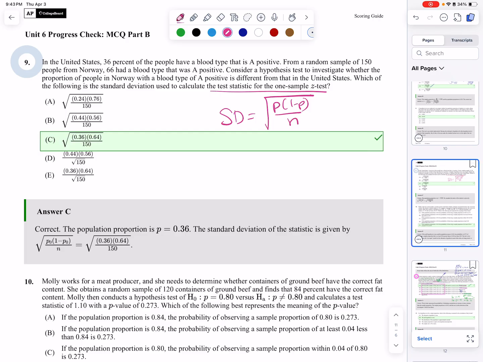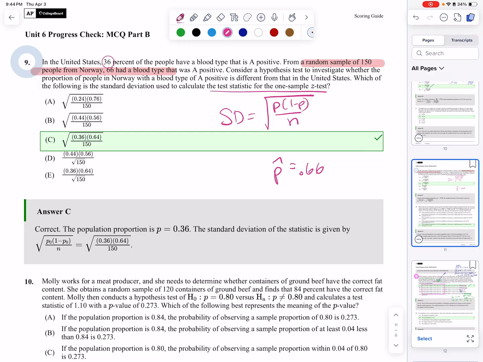It says in the United States, 36% of the people have blood type A, and from a random sample, I'm going to mark the random sample in red because that is p hat, which is 66%. Then it says consider a hypothesis to investigate whether people in Norway have blood type A positive different from the United States.